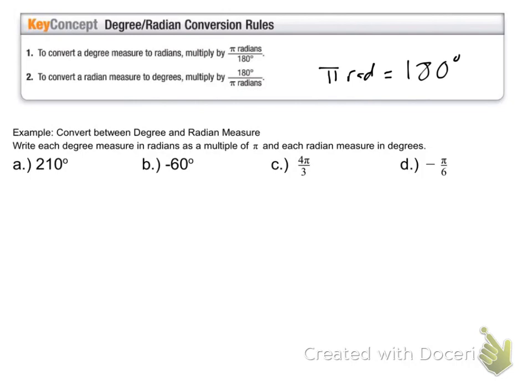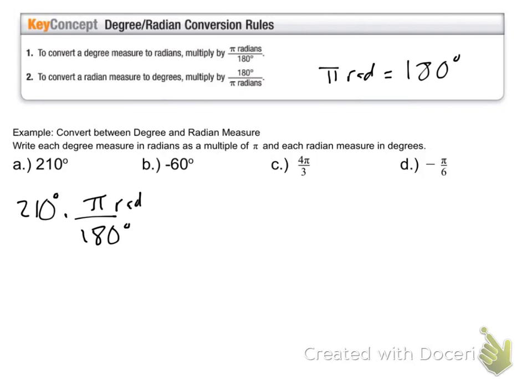So if I want to convert 210 to radians, I take 210 degrees and multiply. Wait a minute, degrees are on top. I want to cancel them. So I need to put degrees on the bottom, and pi radians on top. And then just multiply. The cool thing about this is, what happens with our numbers?